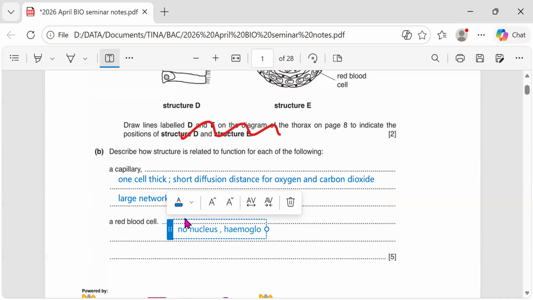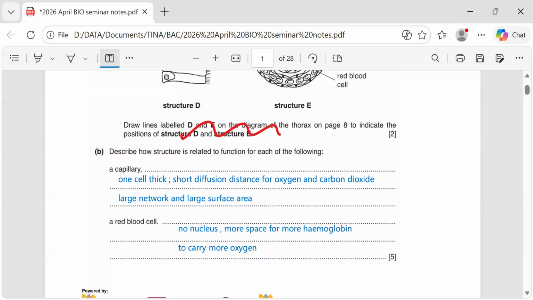So no nucleus means more space for more hemoglobin, to carry more oxygen. 2 marks: no nucleus, hemoglobin, large surface area. So the total is 5 marks.